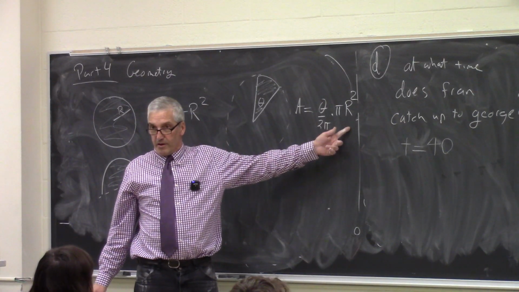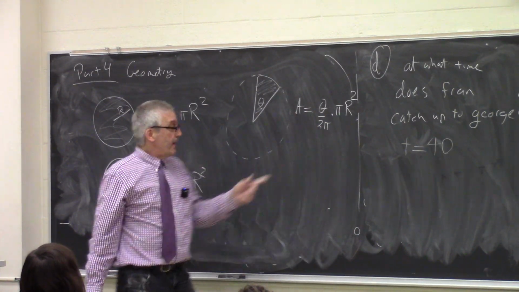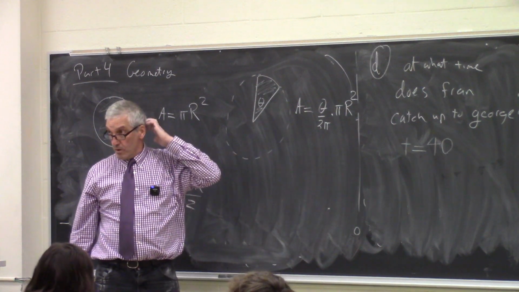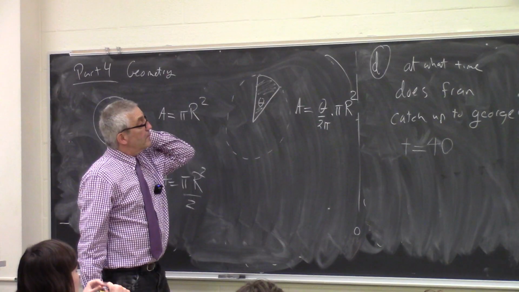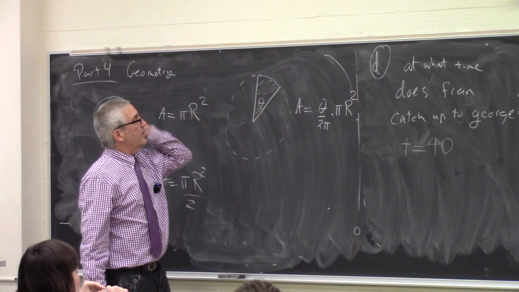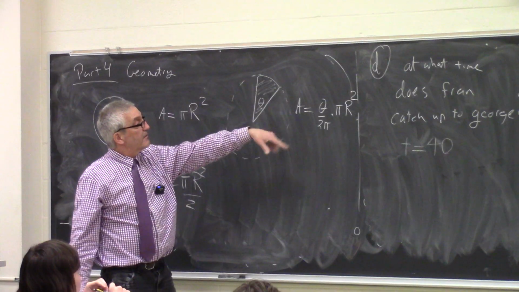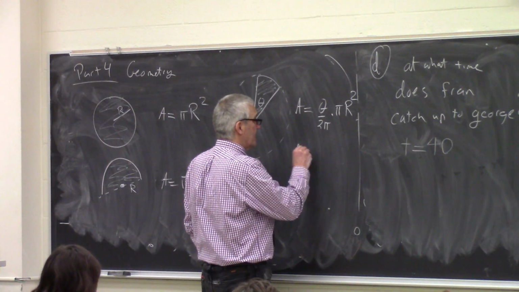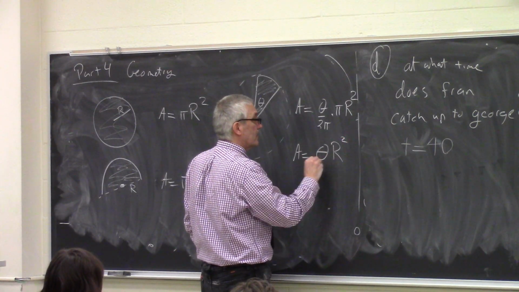You just get pi r squared. If you have half a circle, then theta is just pi, so then you have 1/2. Sorry, if you have a quarter circle, you'd have theta equals pi over 2, and so then you'd have 1/4 of pi r squared. So this area is going to be theta r squared over 2.